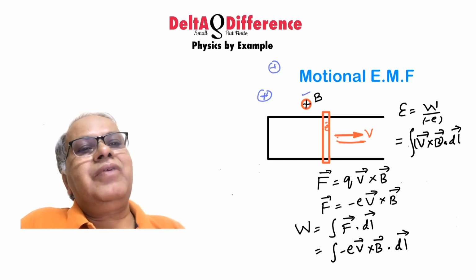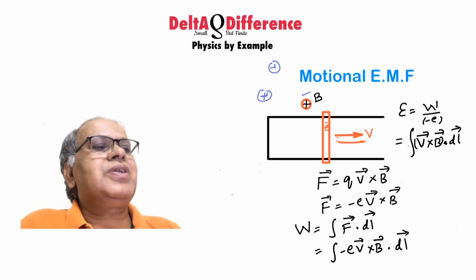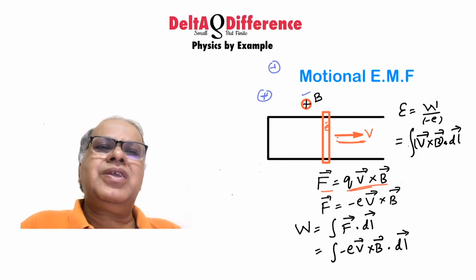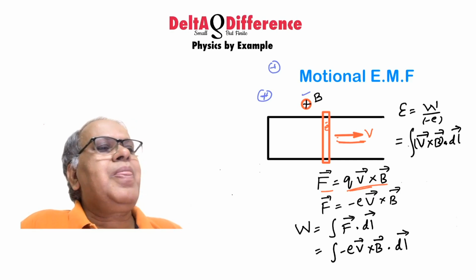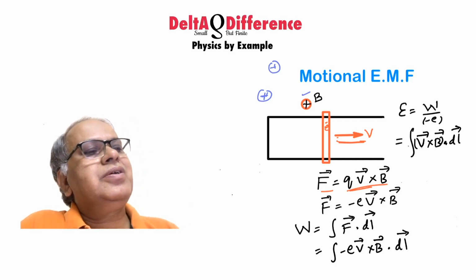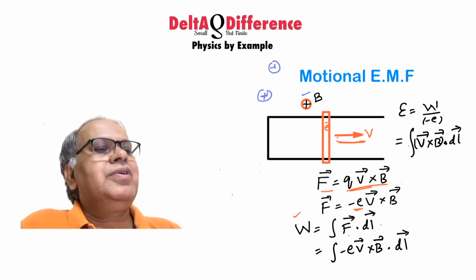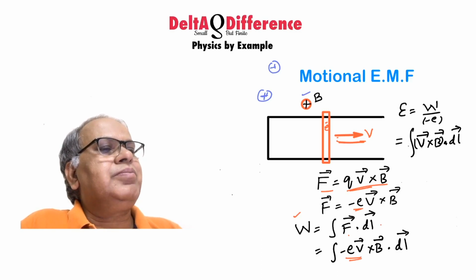So magnetic fields apply force on moving charges. That's given by a formula, F equals qV cross B, an experimental formula once again to start with. But here the charge is what? Minus e. Alright, so work done on the electron will be F dot dl, which is minus e V cross B, this whole F is put here, dot dl.